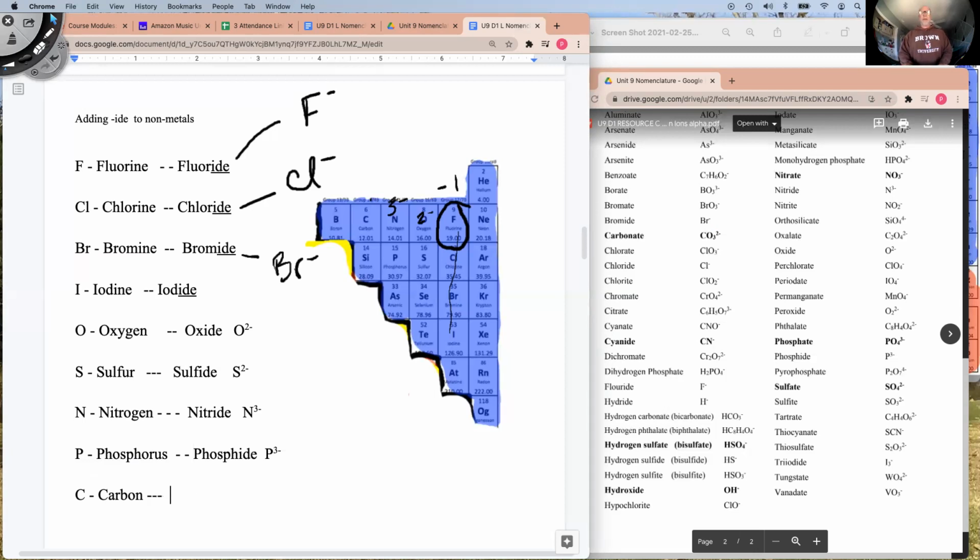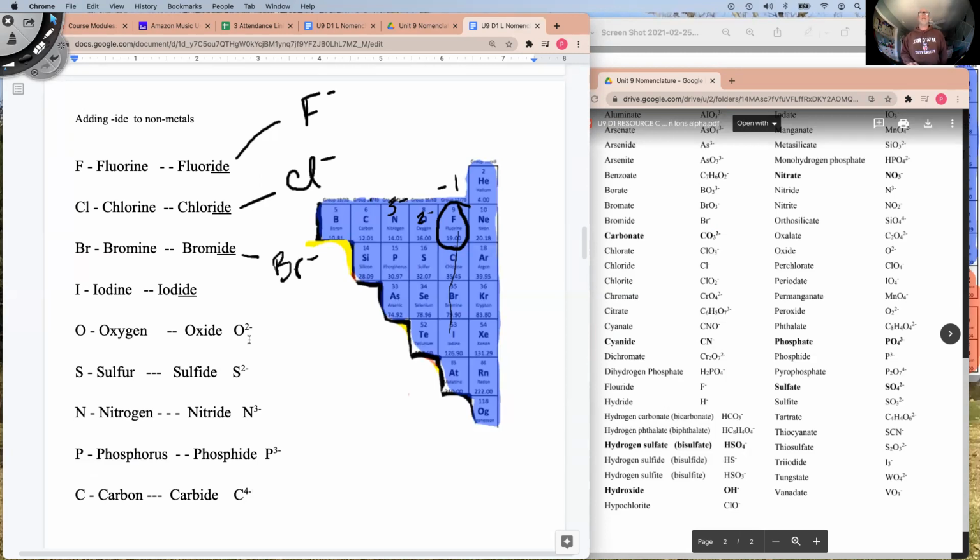Carbon is going to be known as carbide. And carbide is going to be a C with a 4 minus charge on it. As you can see, it's going to come all the way to 4 minus. This is something you have to learn. If you say sulfuride or oxygenide, I have to mark it wrong. Oxide is named oxide for a reason. Things like carbon dioxide or carbon monoxide.